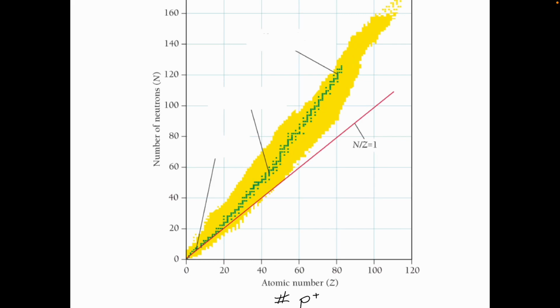So what are these colors telling us? In yellow here, or I guess we'll do green first. In green are all the known stable nuclides.